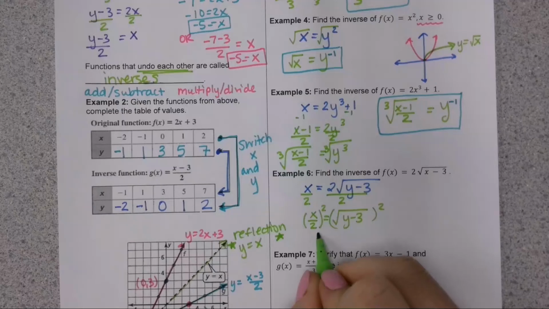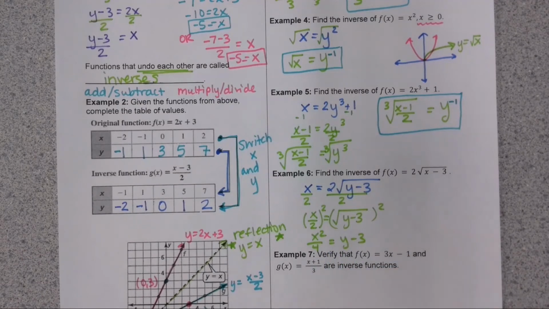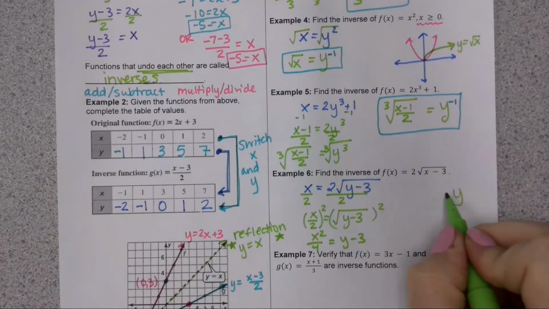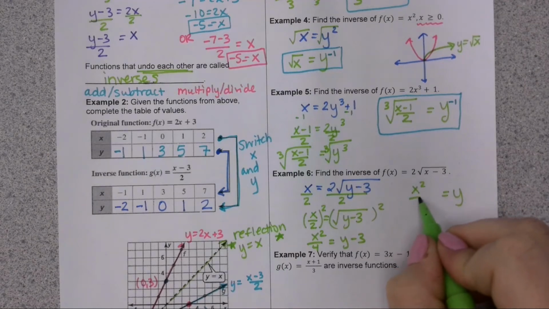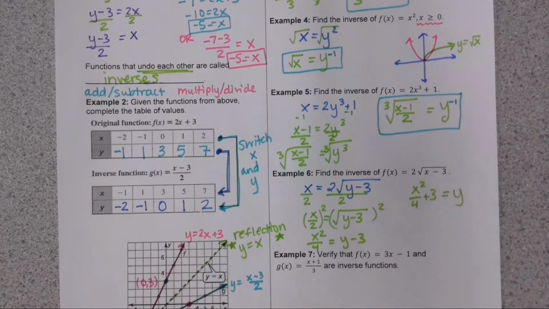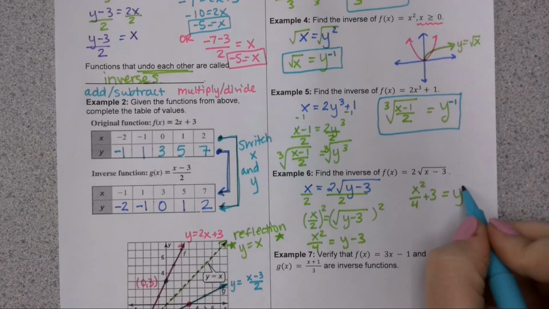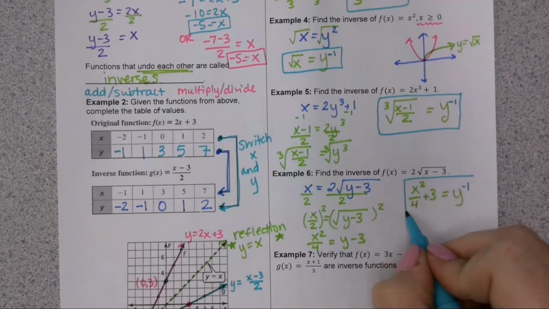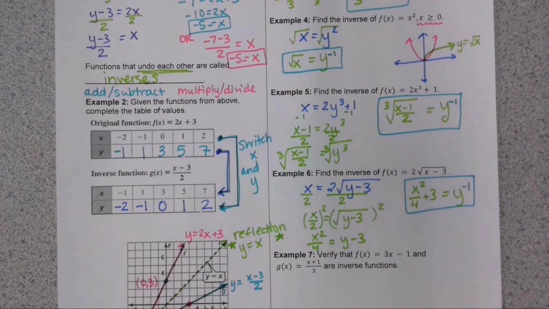So you're going to have x squared over 4 equals y minus 3, squaring both the x and the 2. And so the last thing we'll do is add 3 to both sides. So we have x squared over 4 plus 3. This is not our original y, it's the inverse. So we notate it as such, and there's our answer.